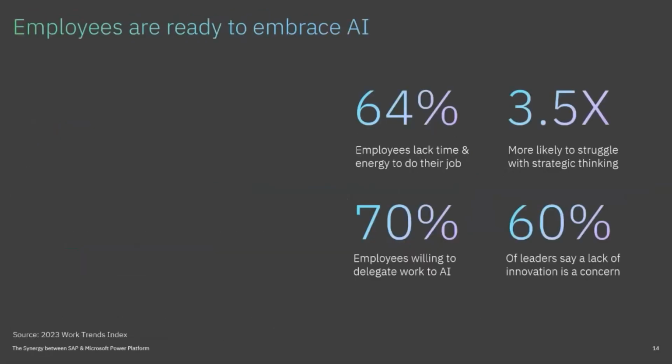If you look at this metric here from the 2023 Work Trends Index, employees are ready to embrace AI. Unfortunately, so many employers have told them, don't use ChatGPT for company data, which is correct, right? You don't want to leak your IP. You don't want to give away your code. There are already many examples of where it's happened. But there needs to be an alternative provided, right?